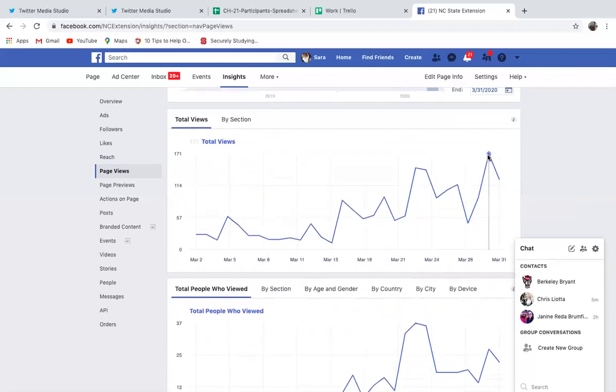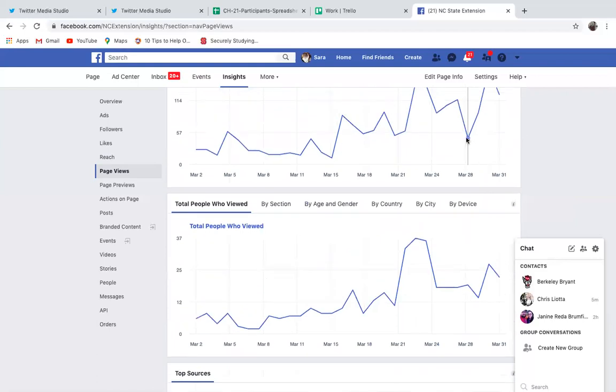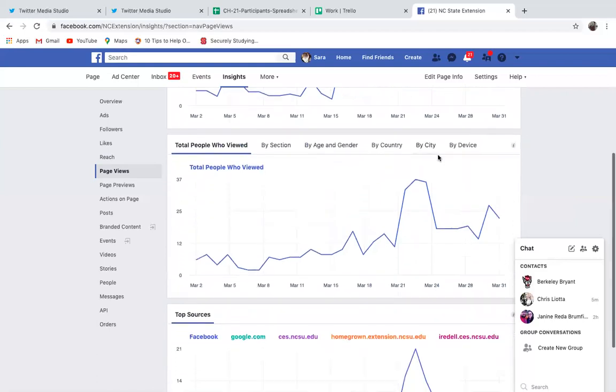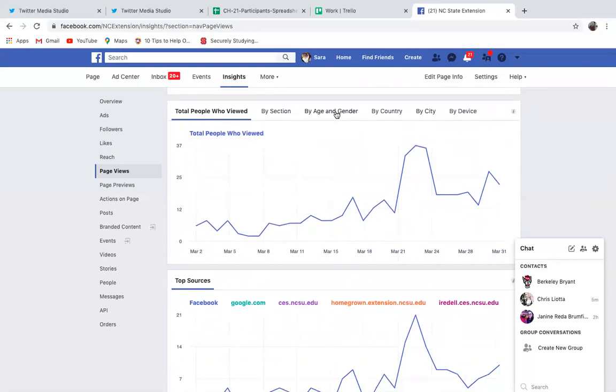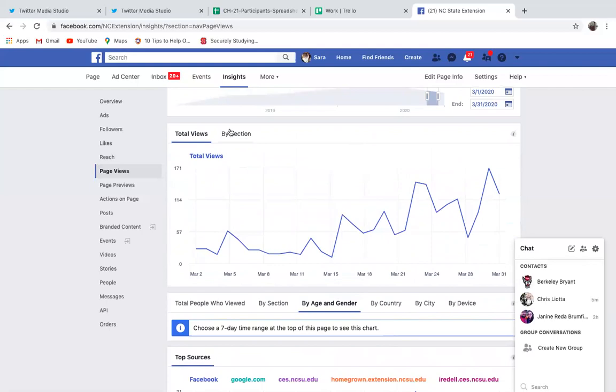So here we have a spike at the end of the month as well. There's actually a dip for March 28th. And you can change the different views based on what you're looking for.